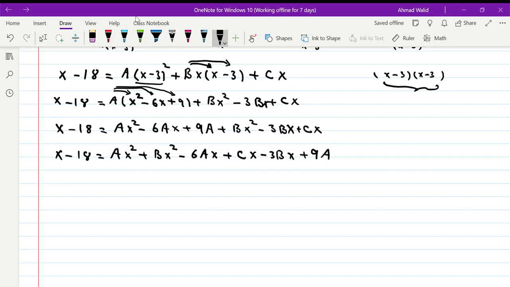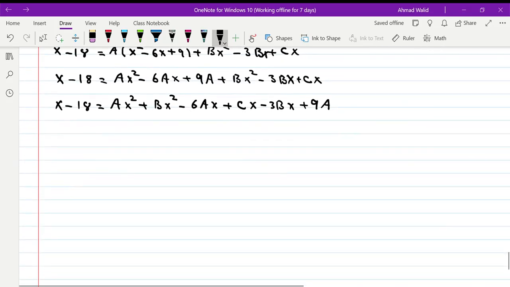Order it. Factor out the x squared, right? x minus 18 equals, if you factor out x squared, you end up with a plus b times x squared.